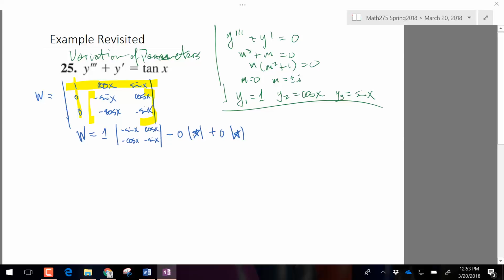But if you know those are non-zero, then you'd have to make sure you find those matrices. In any case, we have sine squared minus negative cosine squared, so that's just going to be a Wronskian of 1.